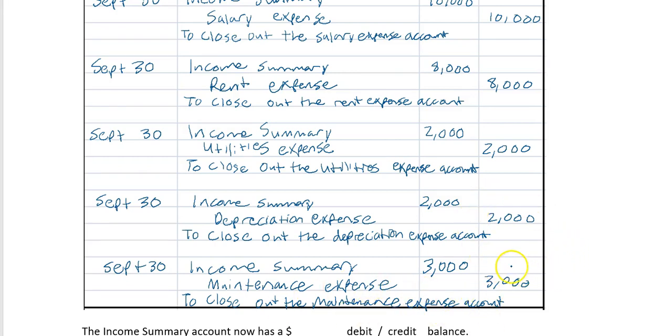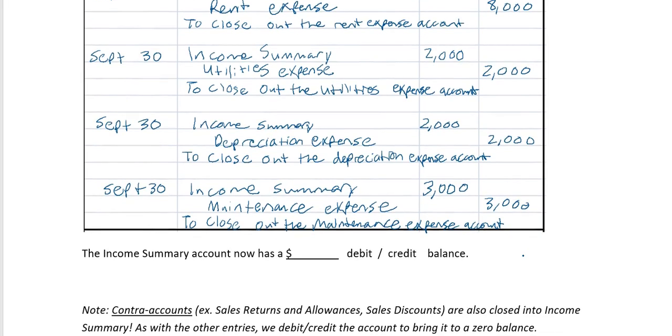Okay, so we're going to see something interesting happen here as I fill in this last little question before I end the video. The income summary account now has, so we saw that before we added in all our expenses, we had a $35,000 credit balance just from the revenues being closed into the holding tank.